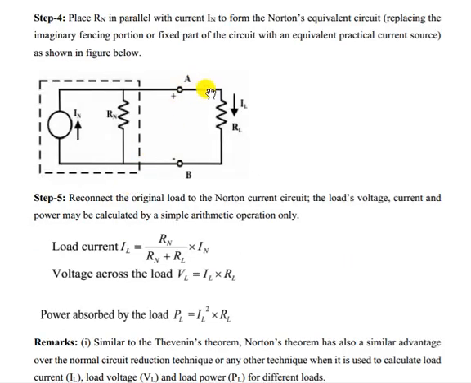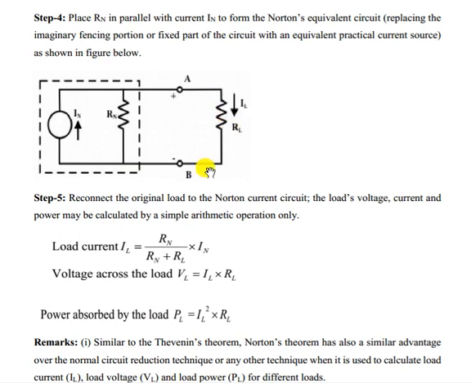After that we can calculate IL. We apply the current division rule: the total current IN times the other branch resistance RN, divided by RN plus RL.